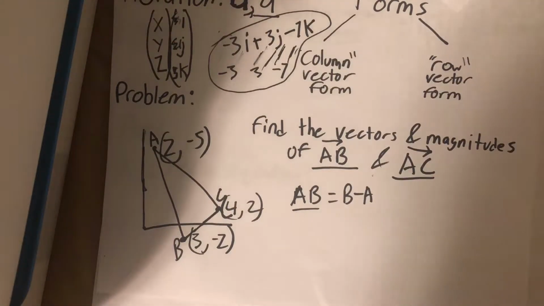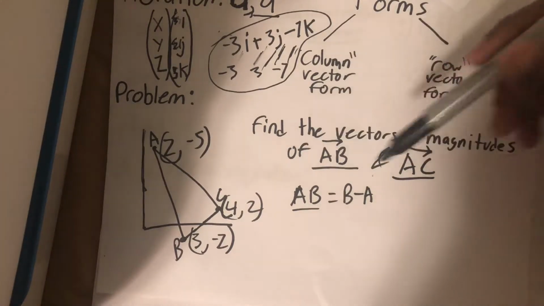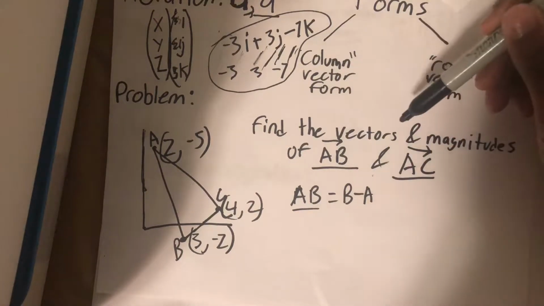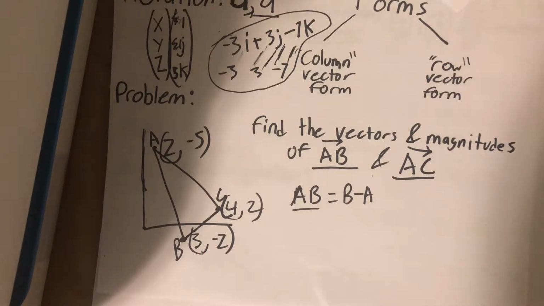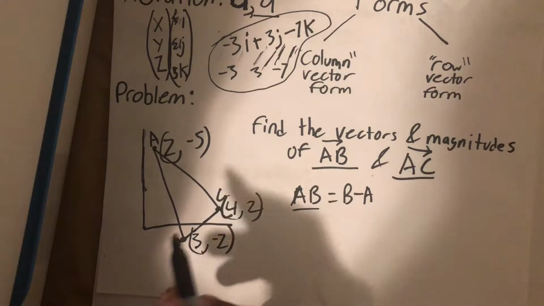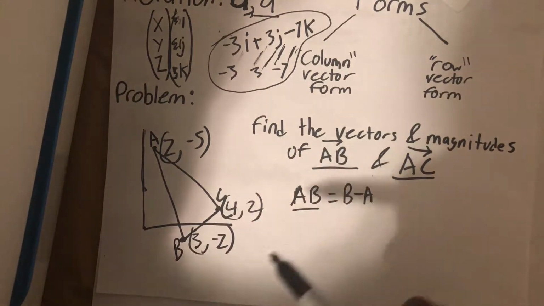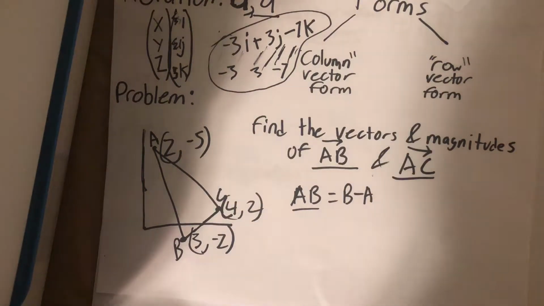So we're going to find the vectors and magnitudes of vector AB and vector AC. So we're going to find the vector and the magnitude. To help with that, I decided to draw a little graph and a triangle with it, so we can visualize and conceptualize what it is that we're doing.